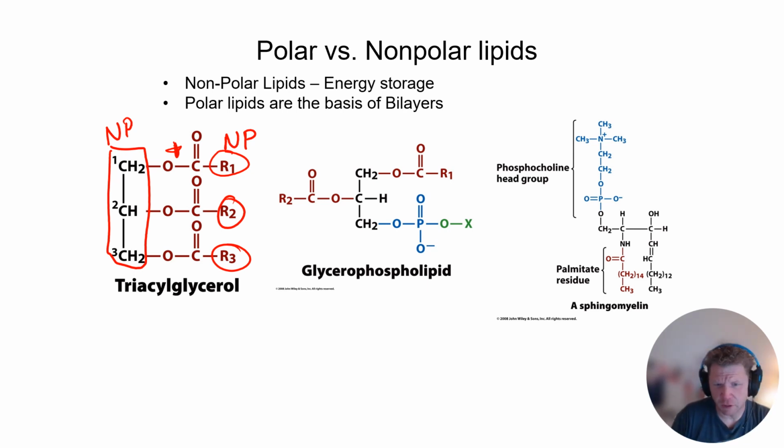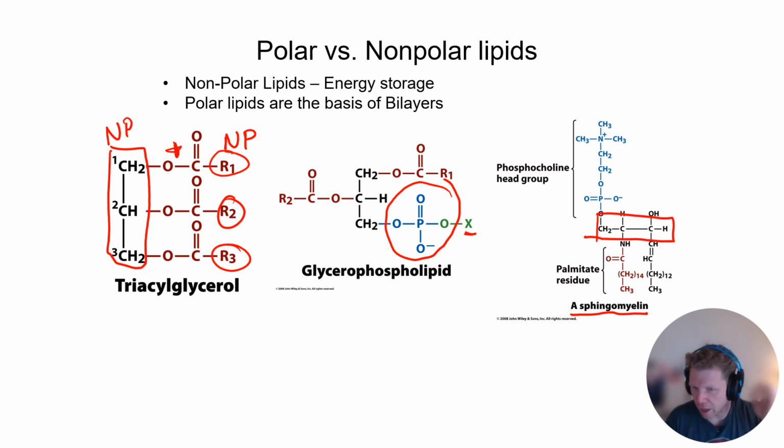Now in the case of a glycerophospholipid, what you have there is a phosphate group, and then you have an X that's going to have some modification to it. Last is our sphingomyelin. Sphingomyelin has that same sort of glycerol backbone, but then we've got linkages to fatty acids. Now, you're not necessarily going to have an ester linkage, but one thing that you're going to definitely have is something like this.